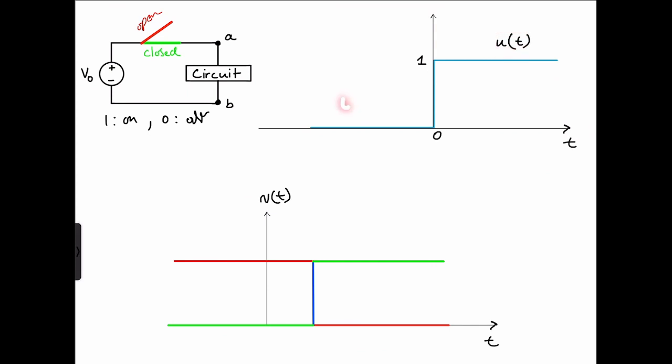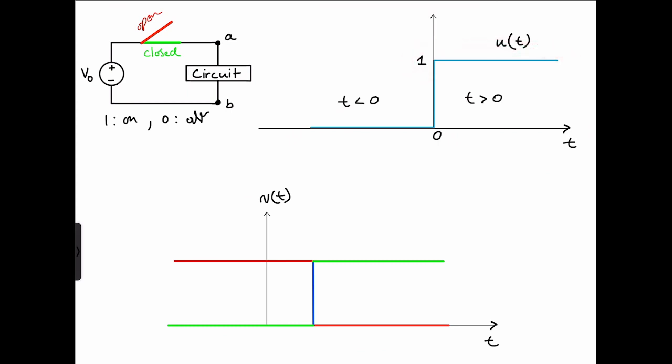So for t less than 0, the value of the unit step function is 0. And for t greater than 0, the value of the unit step function is 1.